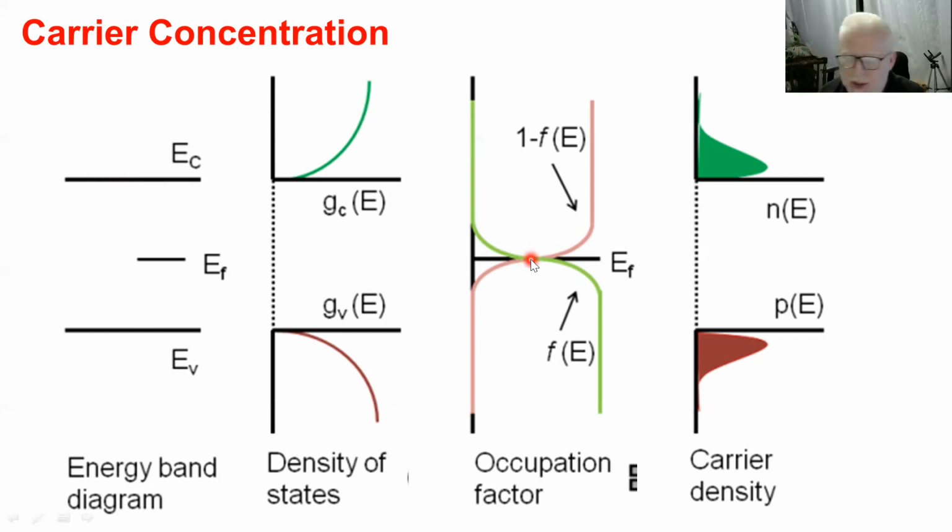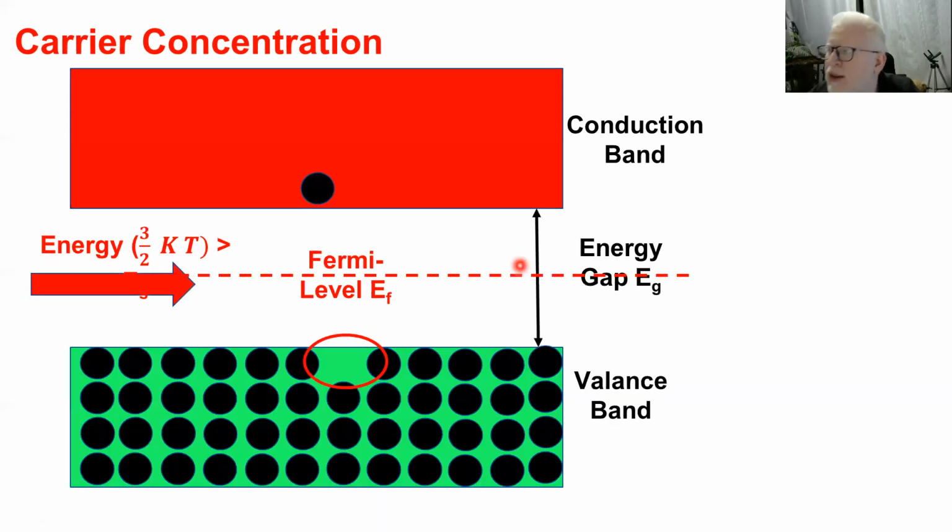Very simple. But maybe one of you asks a very important question here. Actually, this Fermi level is against what we understand, because this Fermi level is located in what's called the forbidden gap, in the energy gap. And based on our understanding, electrons can exist either in the valence band or in the conduction band, and there should be no electron in the forbidden gap or in the energy gap. 100% true.